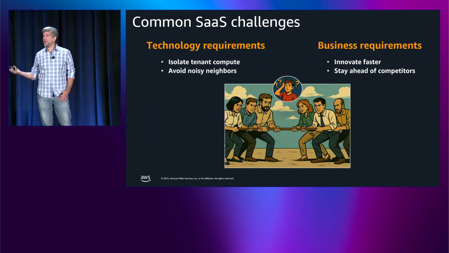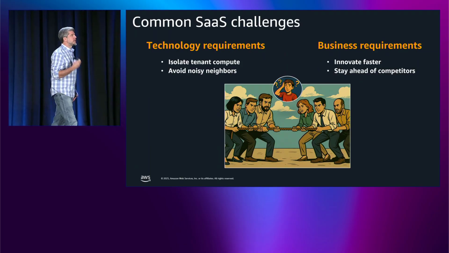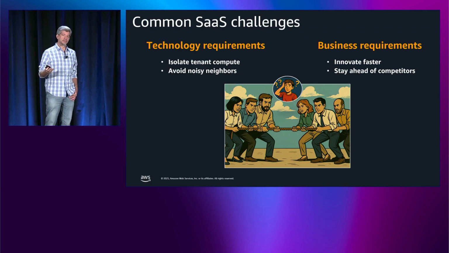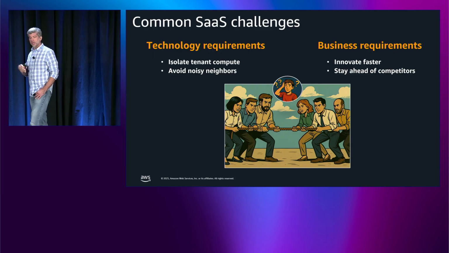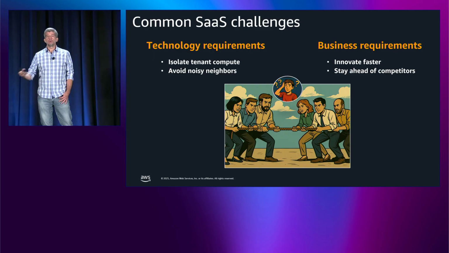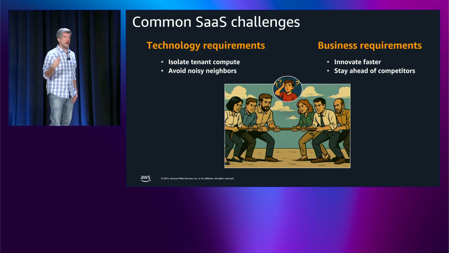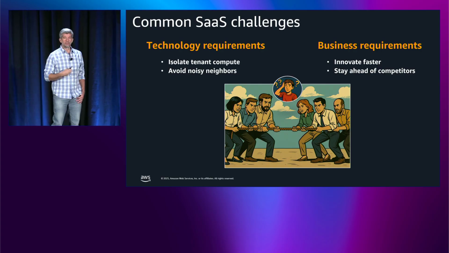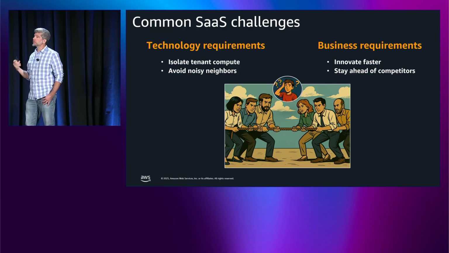Now, for the purpose of talking about Lambda, talking about serverless, there's a couple primary challenges from a business perspective of what we wanted to achieve, and from a technical perspective of how we achieved them that I want to focus on. So in terms of Joe's journey, his company wanted to innovate fast. They wanted to introduce new features to their customers rapidly, keep ahead of the competition, do a good job of continually keeping their application fresh and their customers happy.